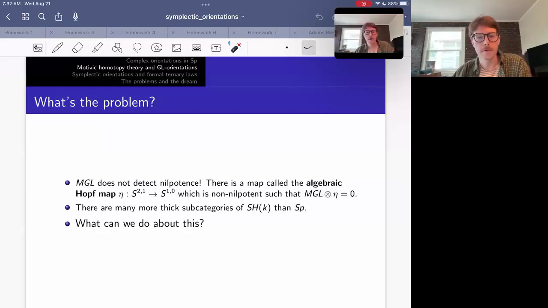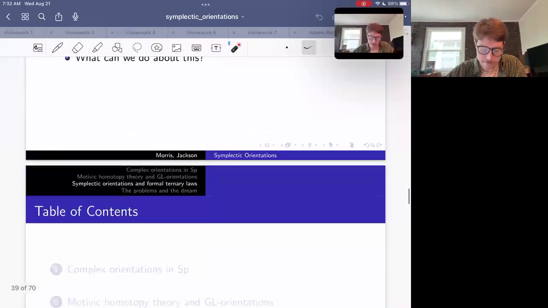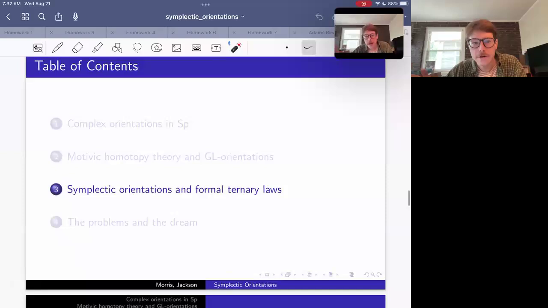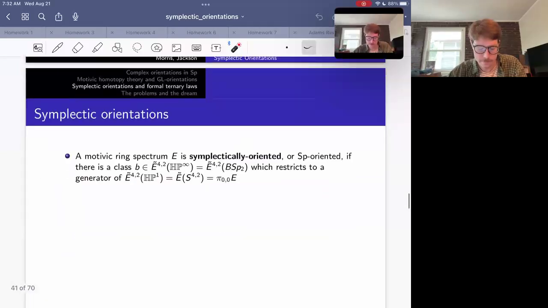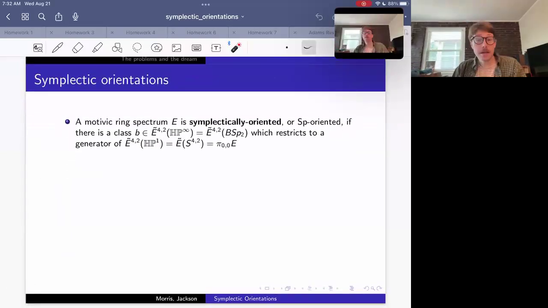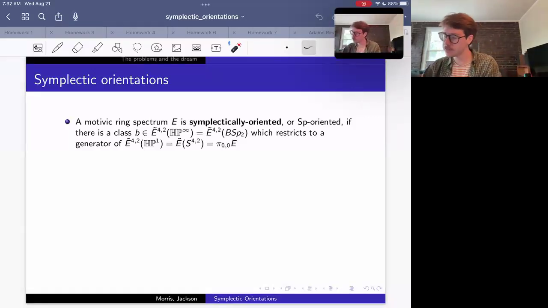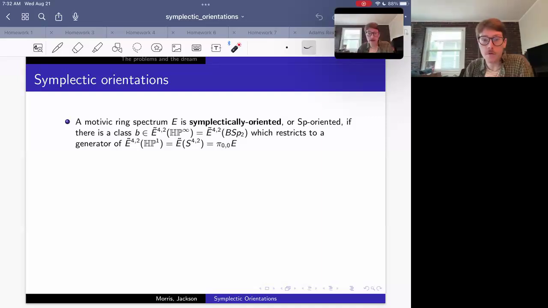So we want to talk about some of these categorical things that we can do now. Enter symplectic orientations. So we're just going to introduce a new type of orientation. We're going to say that a motivic ring spectrum is symplectically oriented, or SP oriented. Sorry, this SP doesn't mean the category of spectra.